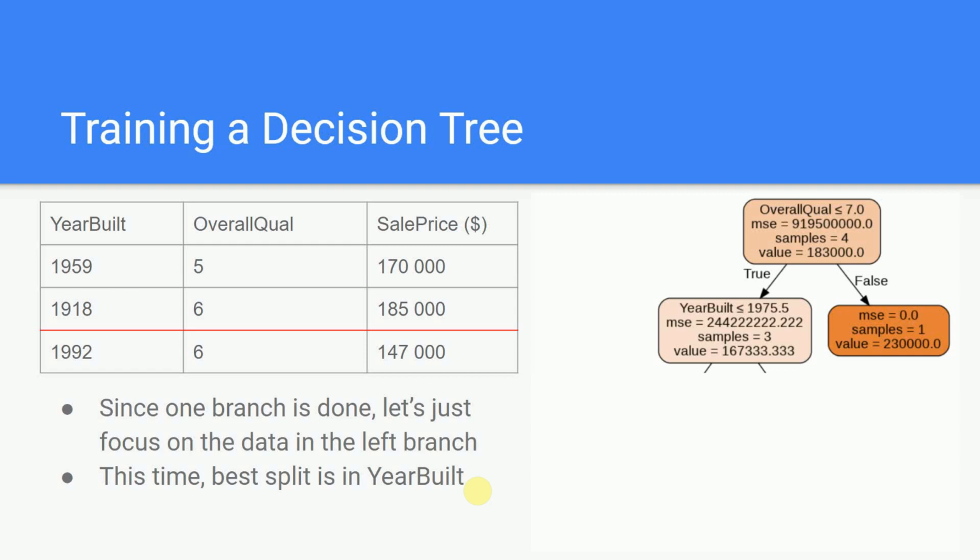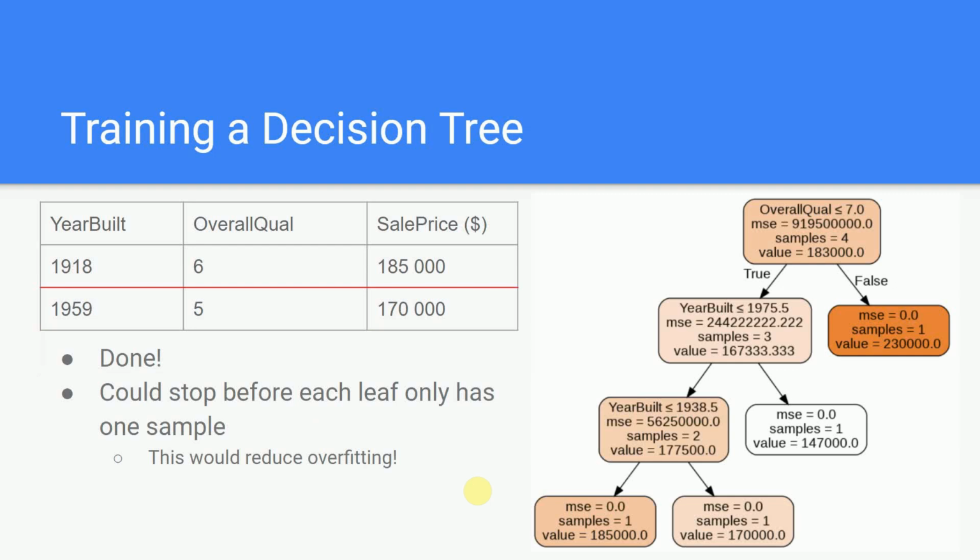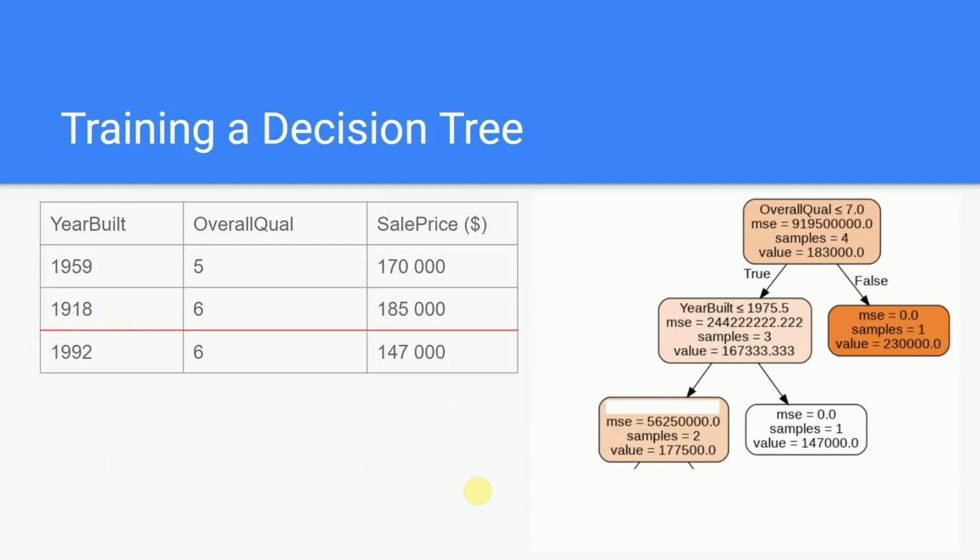So it won't be MSE equals 0. We'll see in the next example. It might not be, but it's the best one. So it's not just MSE equals 0. It's over the entire data set. So the lowest one over the entire data set, and then that's the next branch. Exactly. Yes. Cool.